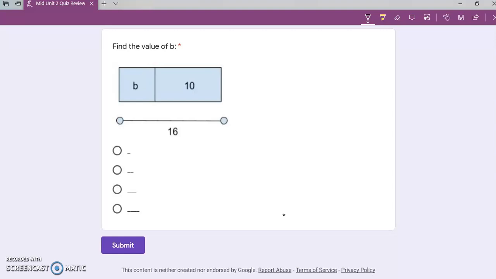And then the last question here, there's a B and a 10 that are connected together in one rectangle, and that whole length is equal to 16. So my equation would be B plus 10 is equal to 16. I'm trying to get rid of this number so I can only have the variable B on that side. So I have to do the opposite.